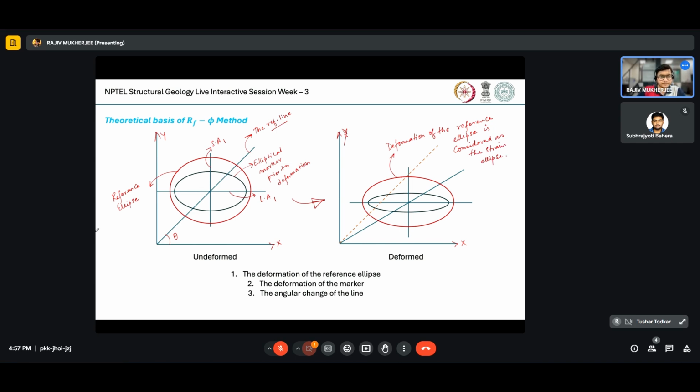Okay, and as you know, the initial angle theta changes to phi, and now we have changed long axis 2 as well as short axis 2, and the reference line has also rotated.